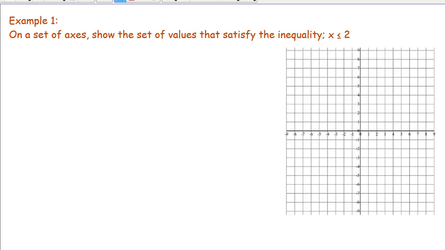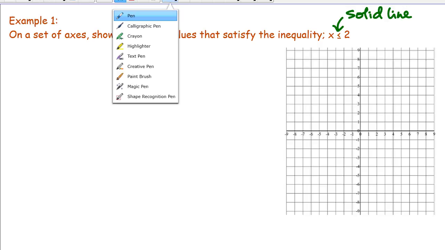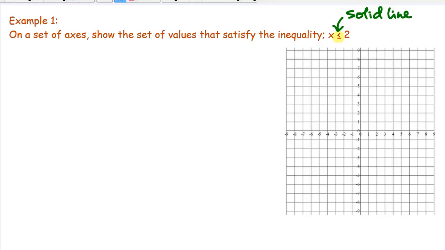Now, remember what I said earlier, this means that we are going to have a solid line because of the inequality. This inequality here means that I'm going to have a solid line. Just keep that in mind. But anyway, the first step is draw the line showing x is equal to 2.